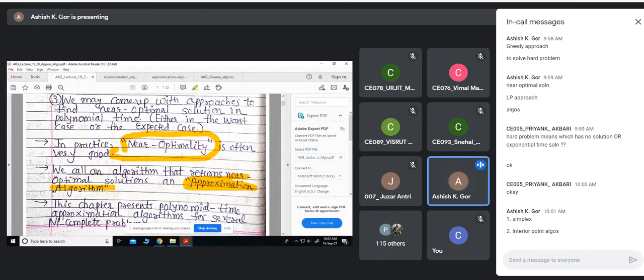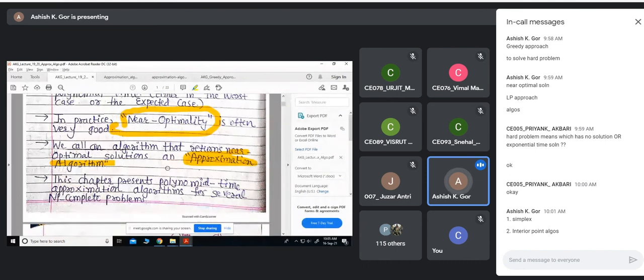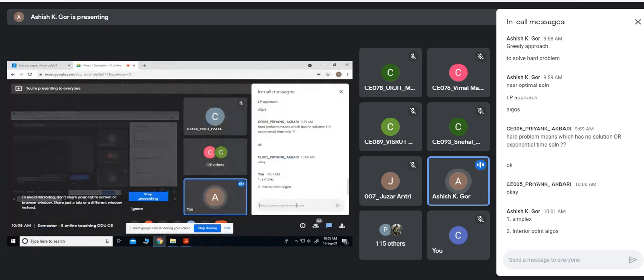So this chapter represents the polynomial time approximation algorithms for several NP-complete problems. We'll see various NP-complete problems. Now you have to pay attention in both the portions, mine and MSB sir's, to completely get the picture.